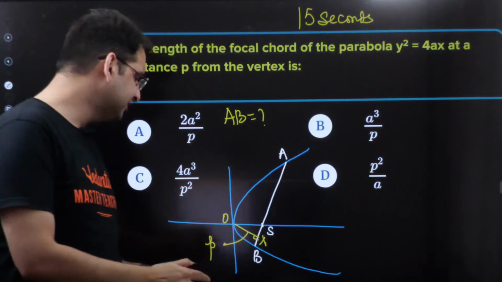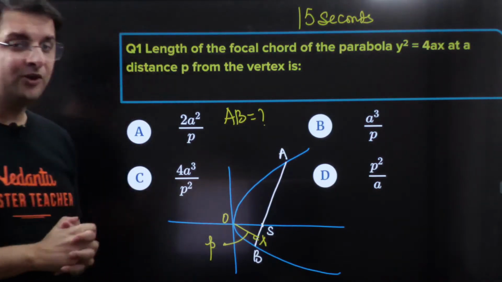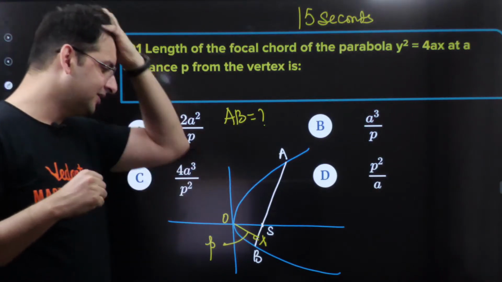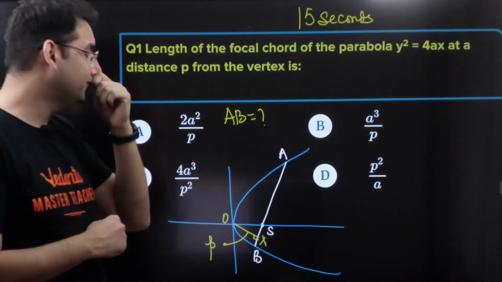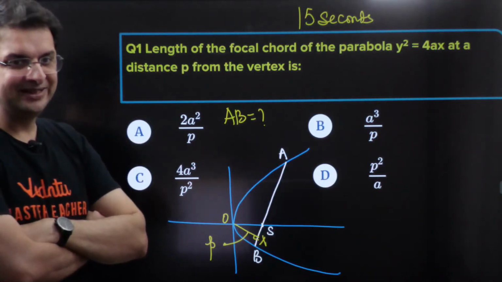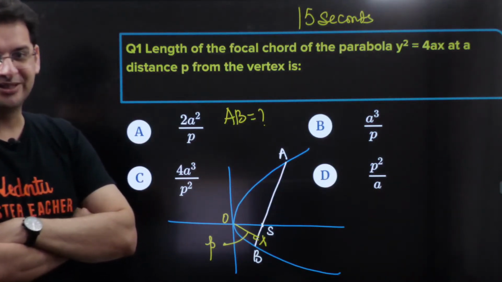Of course, there is a lengthy solution, which I'll tell you. But again, whatever we have done in today's class, we should be able to solve this question in 15 seconds, not more than that. Let's see who does that.